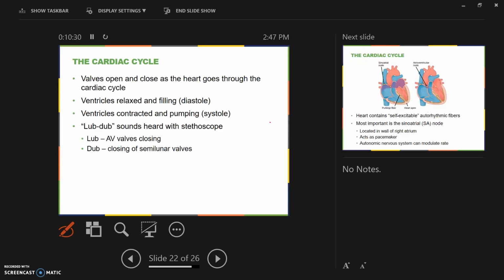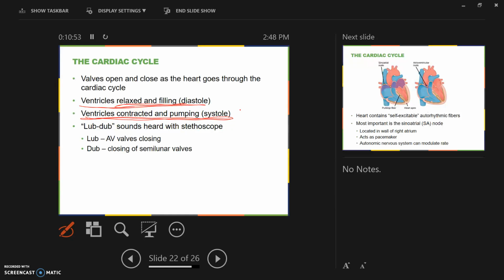The cardiac cycle is divided between alternate stages of filling with blood, which is a relaxed state, and contraction. Relaxation is called diastole, and contraction is called systole.